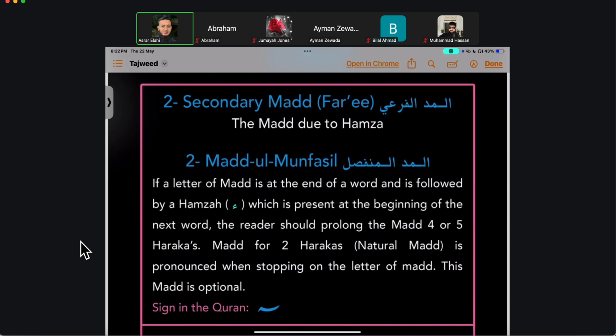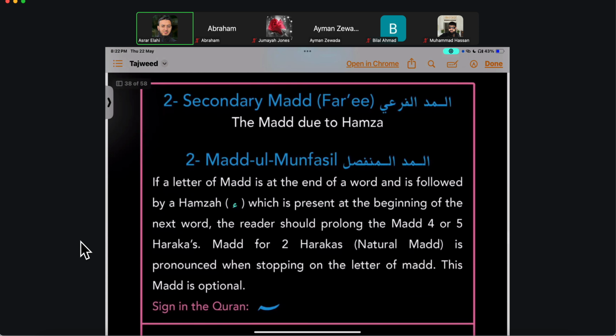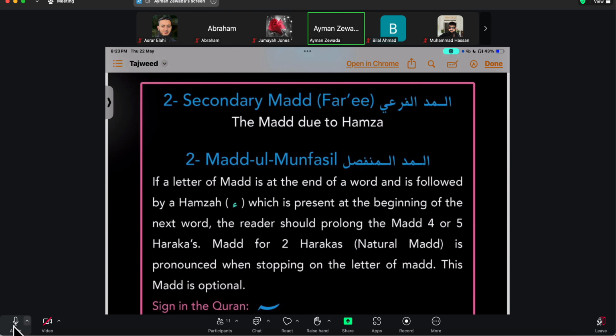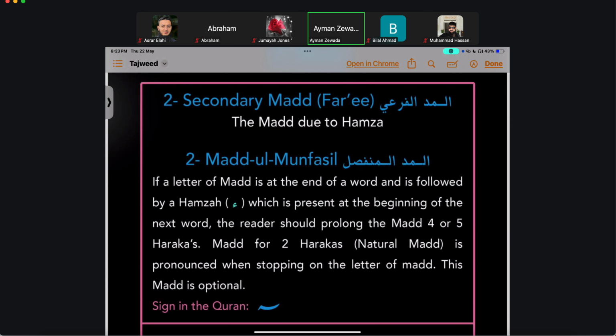But being non-Arab, sometimes I kind of forget while reciting that I should not be elongating it. So separating them in memory as well as in the mushaf might be helpful advice. Would you suggest that? Yes, and remember what we said: muttasil is in the same word, munfasil is in different words. You're right though, if you're non-Arab, sometimes it might be hard to know what's the same word and what's a different word. So having a marker in your mushaf can be very helpful. Good tip.